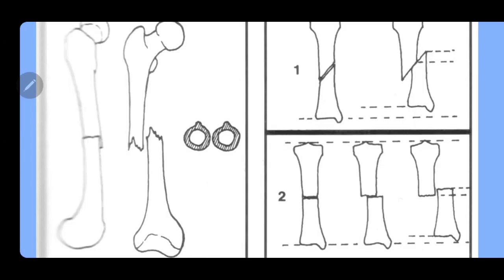Displacement may be complete, when there is no bone contact between fragments, and this type of displacement is not good, as the fracture may never heal in this condition. Or it may be a partial displacement, a partial shift, when there is contact between the bone fragments. In these cases, the fracture will heal, but in an incorrect position.